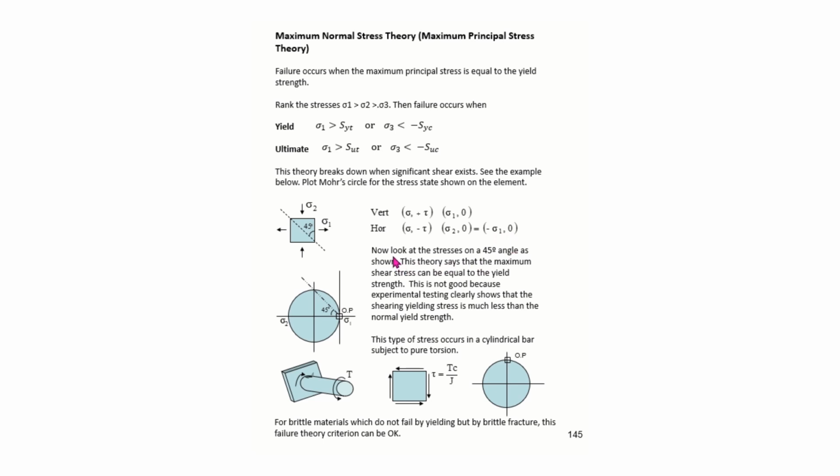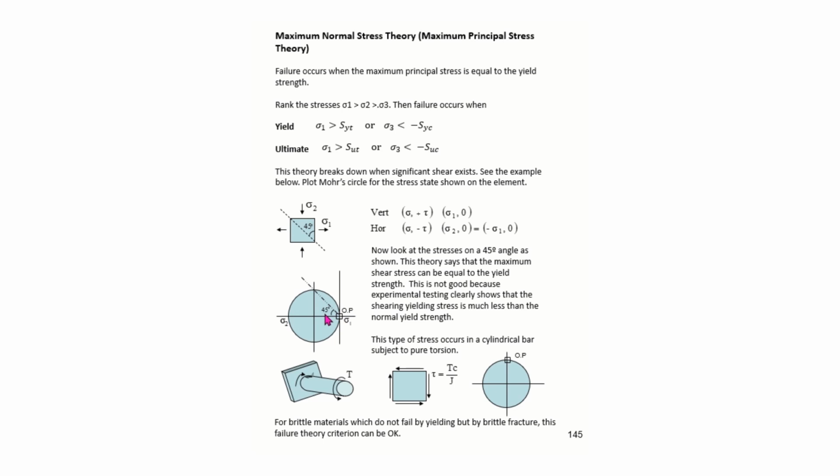Now look at the stresses on a 45-degree angle as shown. So if I come here and I plot my vertical point as sigma 1 and 0, there's my vertical line. Then I plot minus sigma 1 and 0, or sigma 2, and that's my horizontal line. This is my origin of planes.